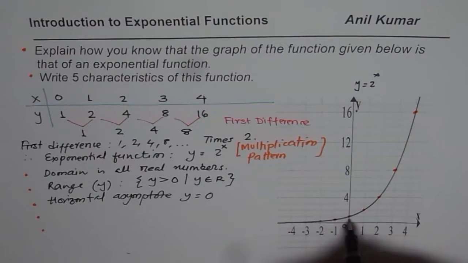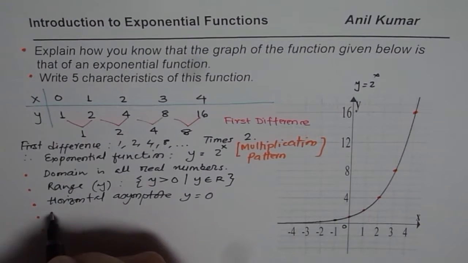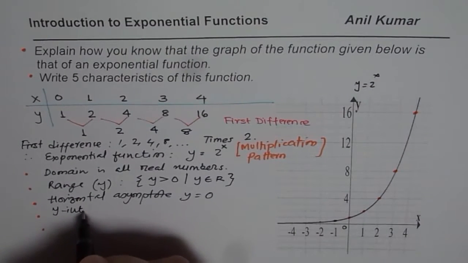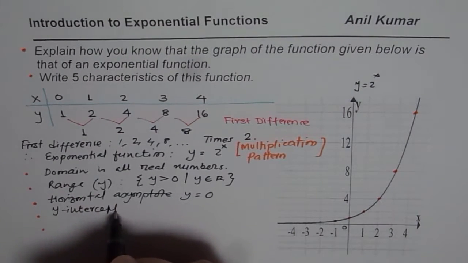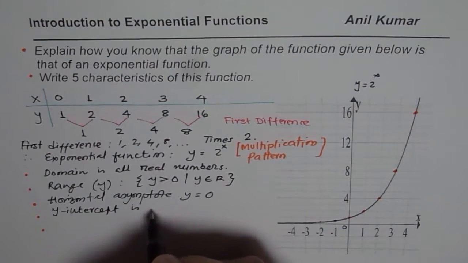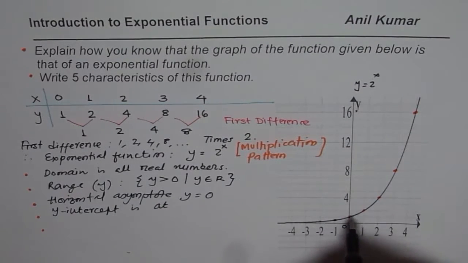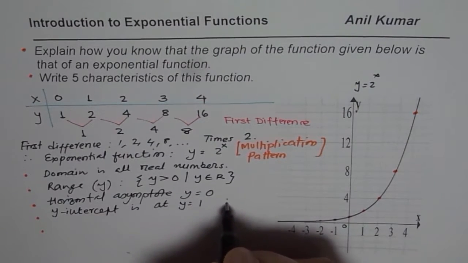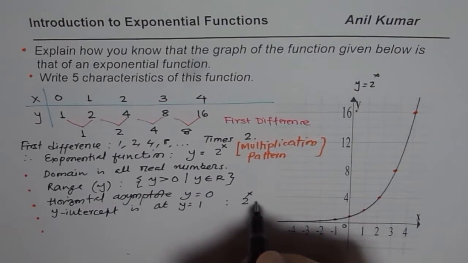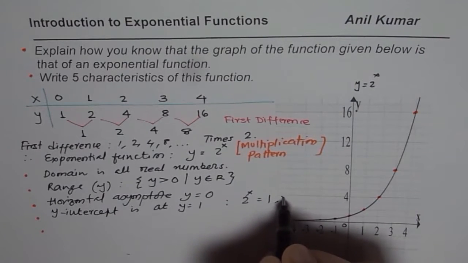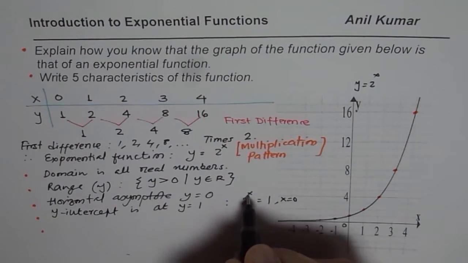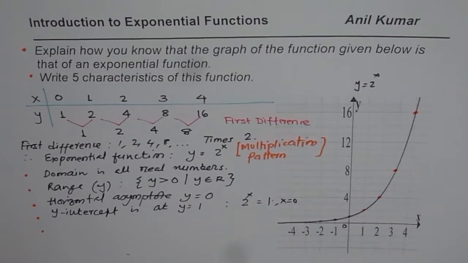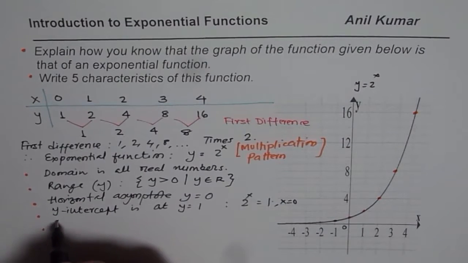We can talk about the y-intercept. So y-intercept is at 1, right? At y equals 1. So anything to the power of 0 will be 1. That means x equals 0, 2 to the power of 0 will be 1, right? So y-intercept, and then we can say that the function is always increasing.